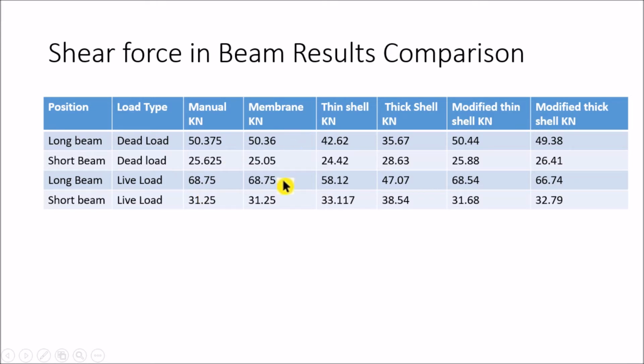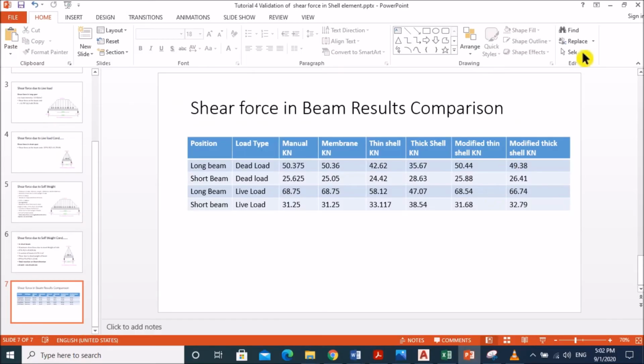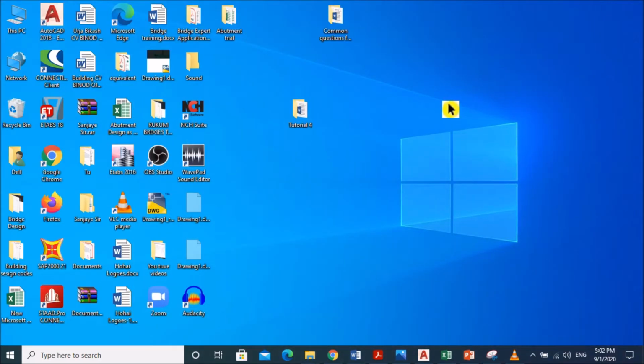Now we will model applying the membrane, thin shell or thick shell element in ETABS, then see how much value it gives, whether it matches with the manual calculation or not. But you have to note that this is the conventional design approach, where T action and L action of the beam is not accounted for, right?